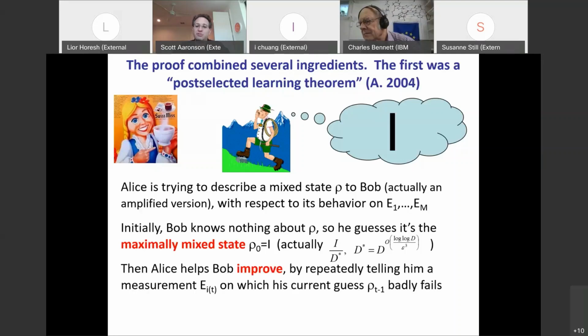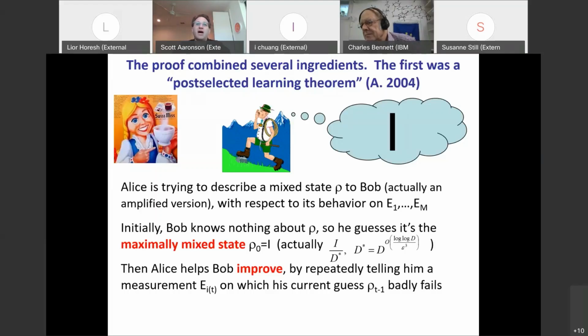Okay, so she's going to repeatedly say to him, here is a measurement, EI, on which your current guess, your current hypothesis state will give you a badly wrong answer. And here is what the right answer should be on that measurement, EI.